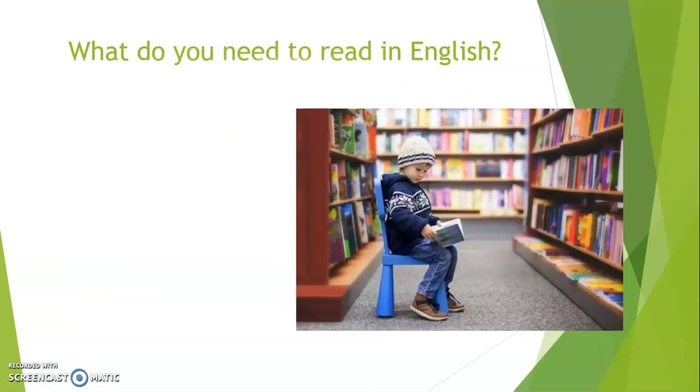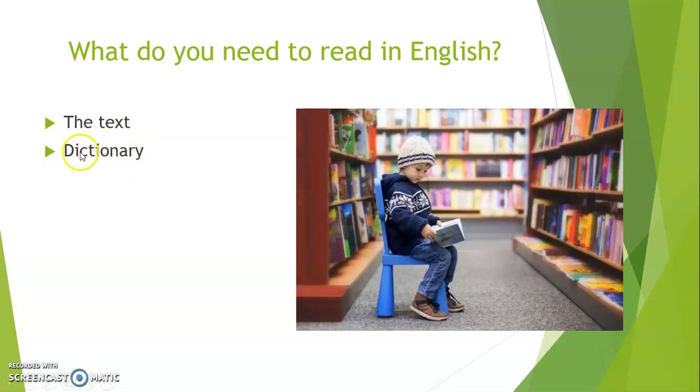So, guys, first of all, before that, I'm sorry, what do you need to read in English, guys? First of all, of course, you need the text. As you see in the picture, the kid has the text in his hands. After that, you need a dictionary. So remember that is mandatory. Do you know what is mandatory, guys? Yes, good job. Obligatorio.